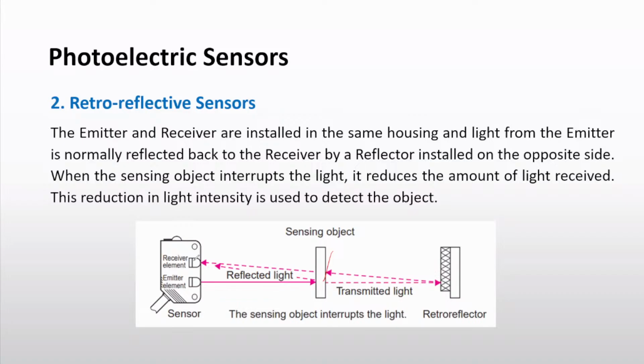So in that case, when there is the presence of an object, the receiver does not receive sufficient light. That means the amount of light it receives will be reduced. So by this reduction of the light intensity, we can detect an object by using the retro-reflective material.